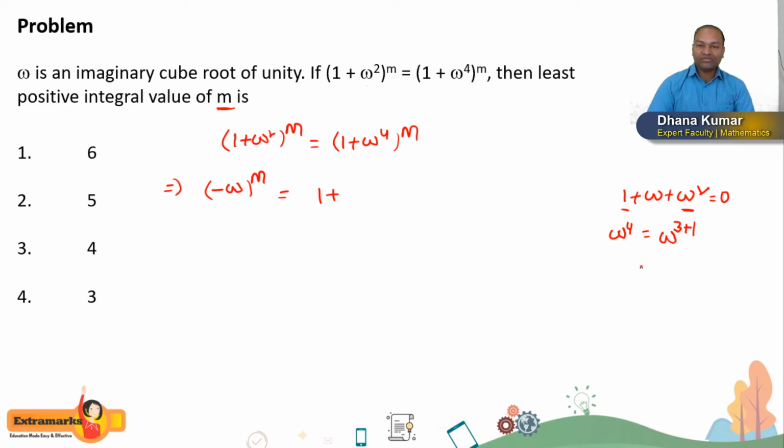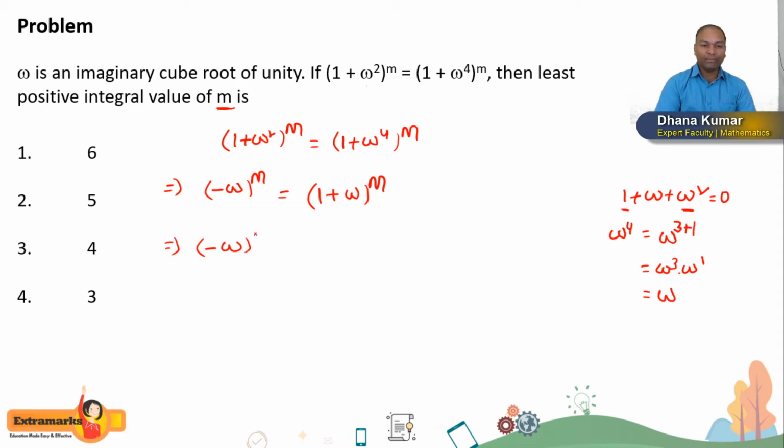The x power m plus n formula is what? x power m into x power n. So omega cube is 1, 1 into omega is omega. So (1 plus omega) whole power m. Now the left hand side as it is.